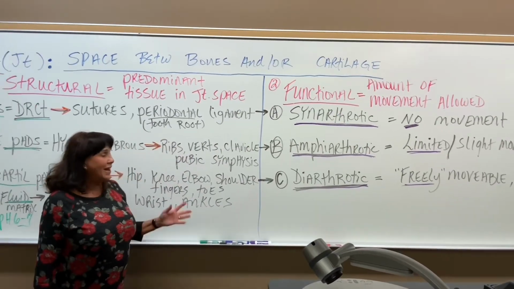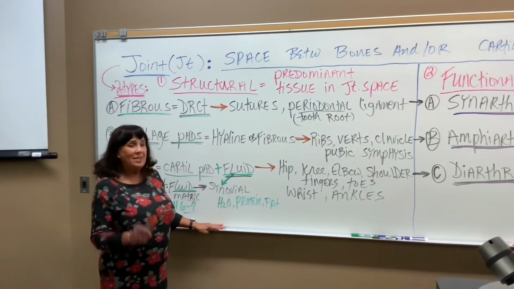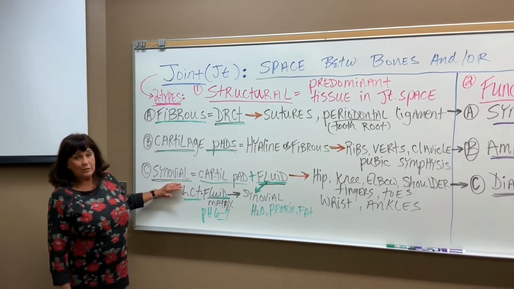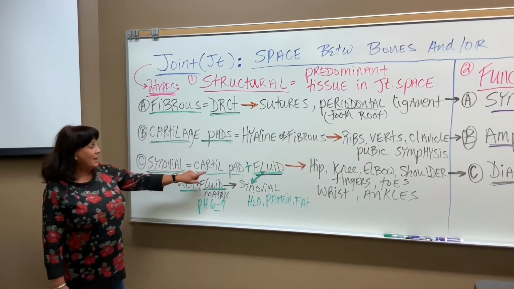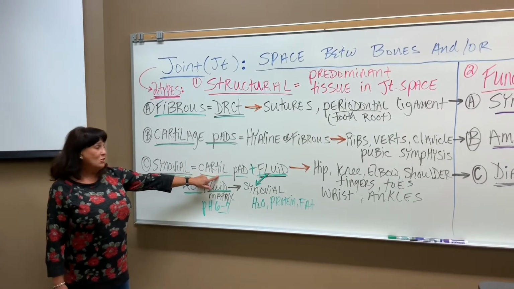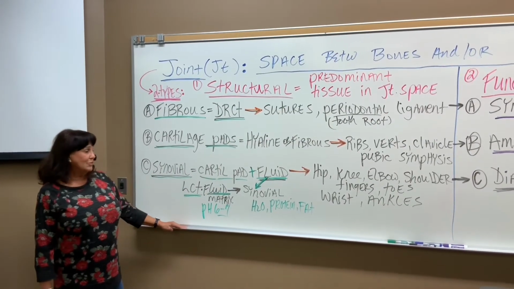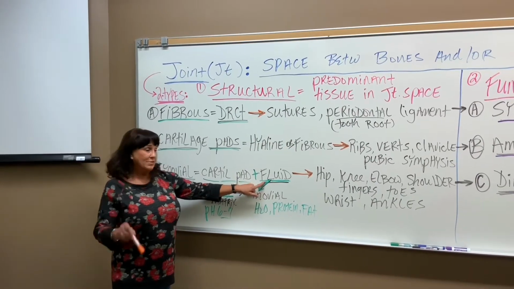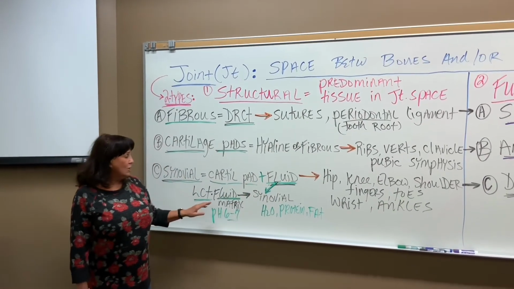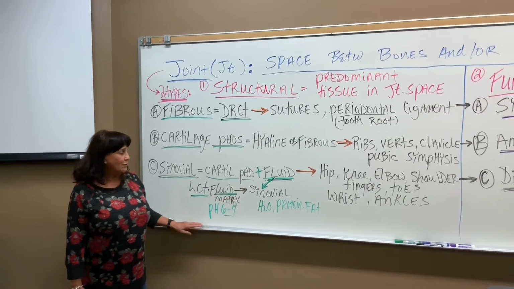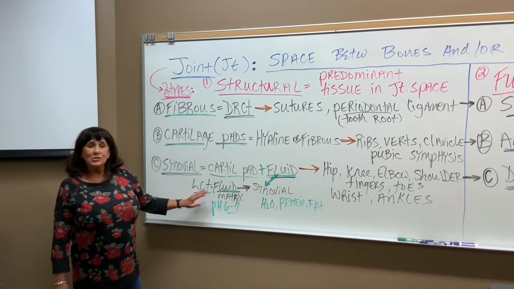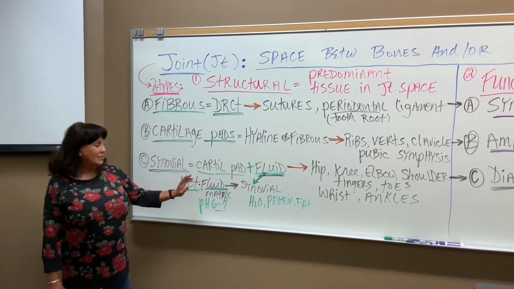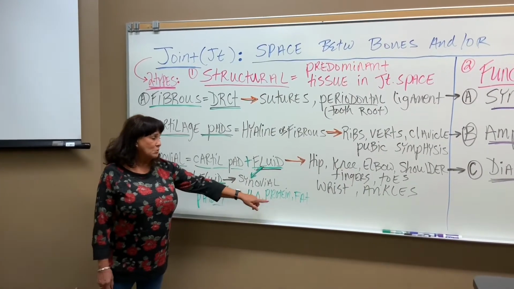All right, then the last group of joints, and this is the one we have the most of. This last group are called synovial joints, all right? They have to have a cartilage pad in them, usually made out of hyaline cartilage CT, and then it has to have a fluid in that joint space. And that fluid is called synovial fluid, and it's made out of loose CT matrix, which is actually a liquid, and the liquid is made out of water, protein, and fat.